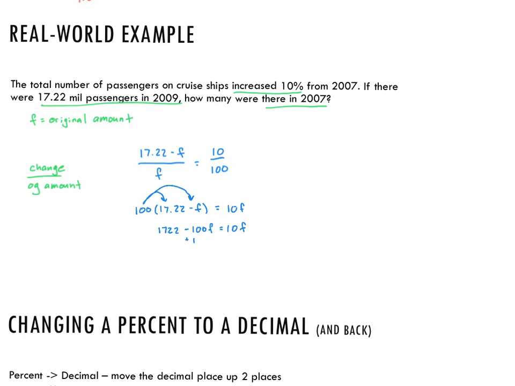So add 100f to both sides. 1,722 is equal to 110f. Divide away. And we are left that f is equal to about 15.65, which means that in 2007, the original number of passengers was 15.65 million.